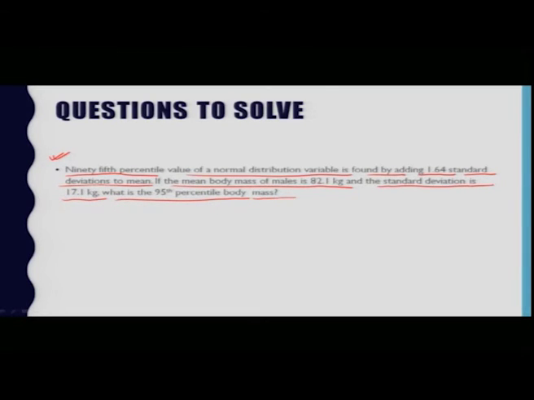Here again we will use the same formula. The things are given: mean body mass is 82.1 plus this particular value is itself given. You just have to convert the sentence into mathematical form. You can easily convert this sentence, found by adding 1.64 standard deviation to the mean, into the mathematical equation.